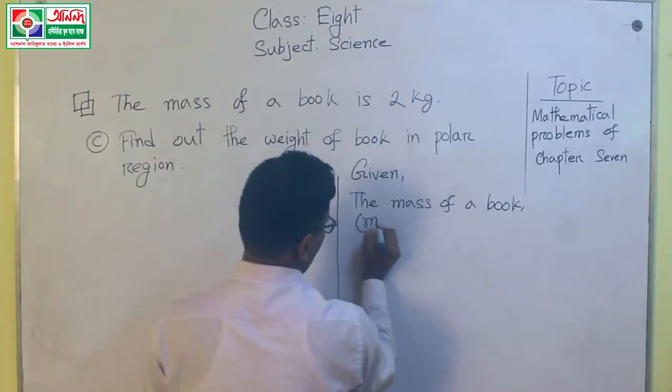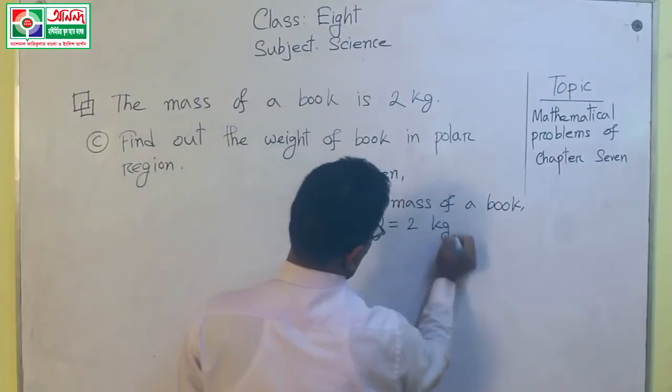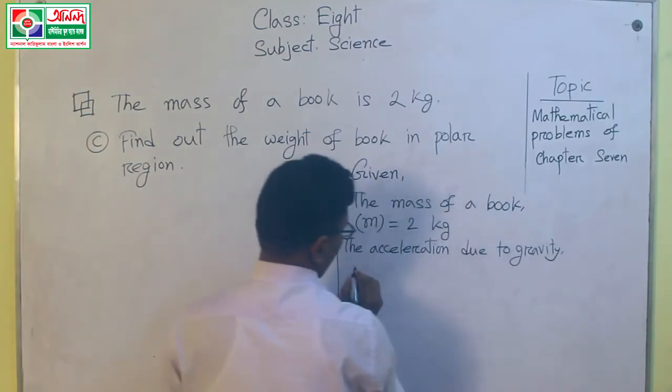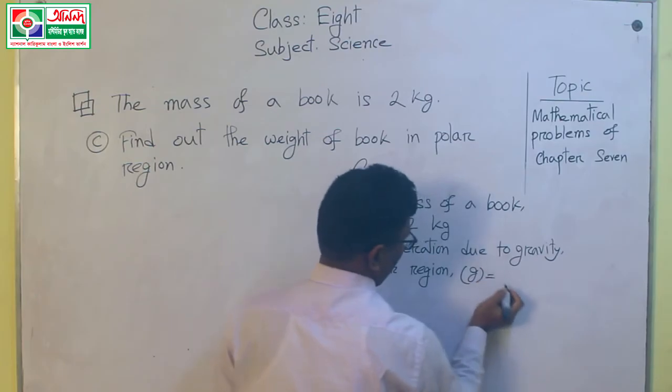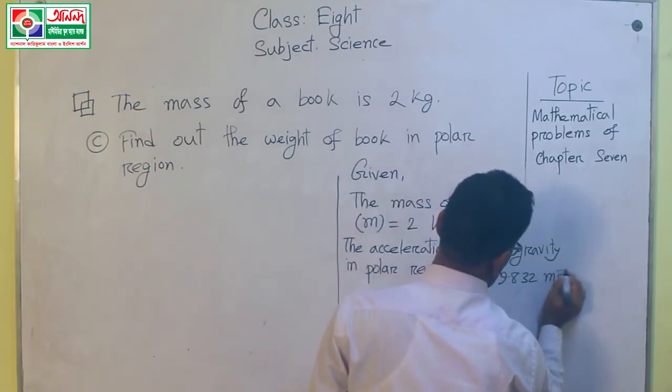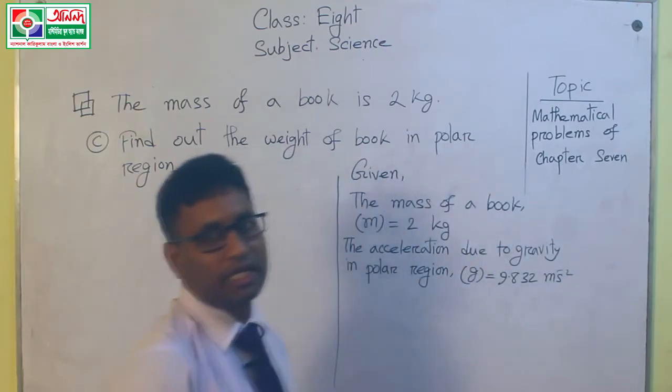At first we will find out some quantities from the statement. Given the mass of the book is small letter m equal 2 kg. The acceleration due to gravity in the polar region, small g, equal to 9.832 meter per second square.